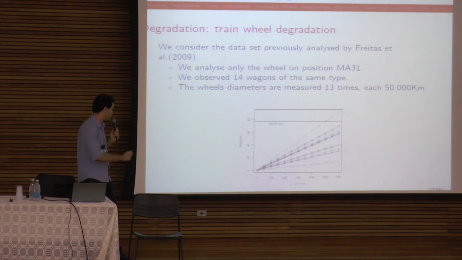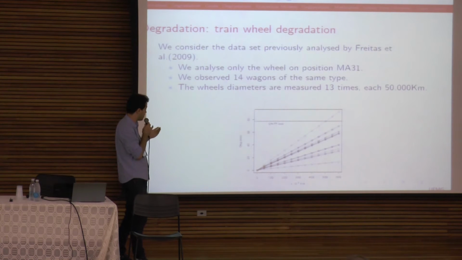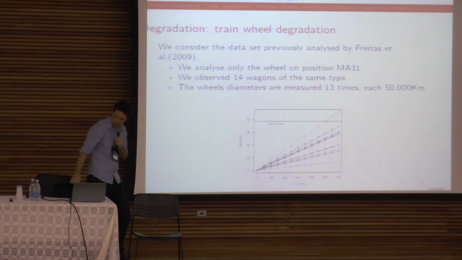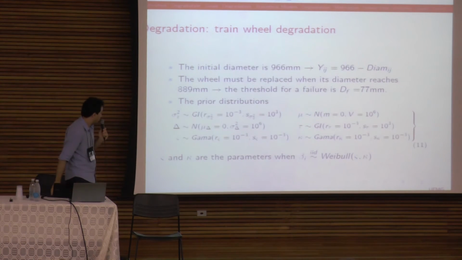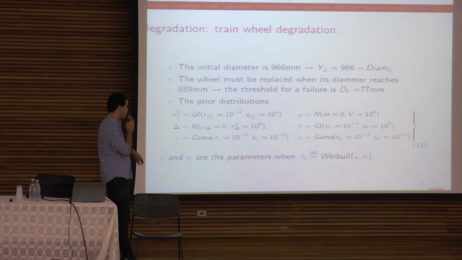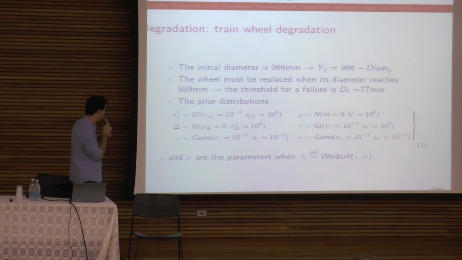So coming back to the degradation path model, we've chosen the parametrization of the training. And we set flat priors. We are going to work on how to extract information from the specialists to avoid using these flat priors, but for now we are using flat priors.